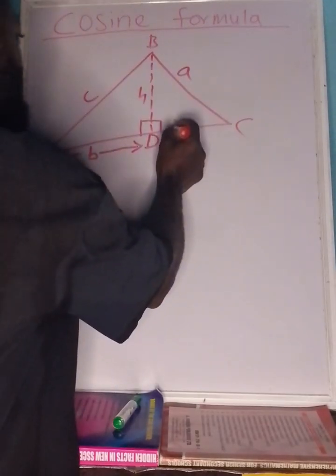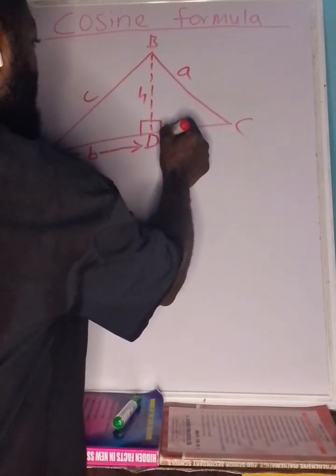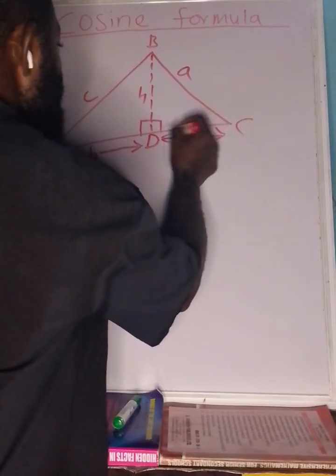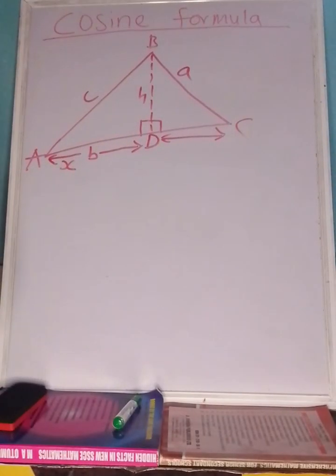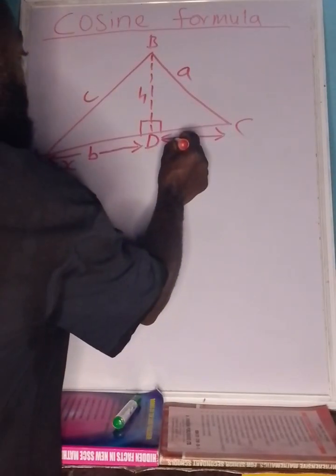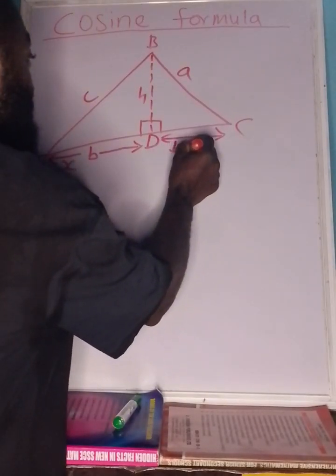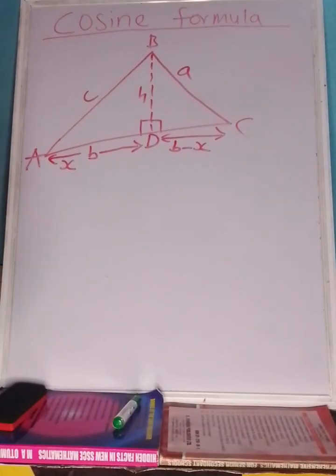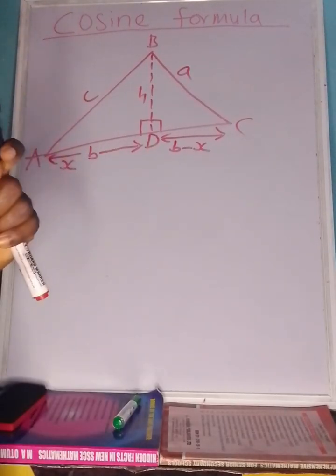Since the entire AC is b and one segment of it is x, to find the remaining segment of AC you subtract x from b, because b is the full length of the side of the triangle.